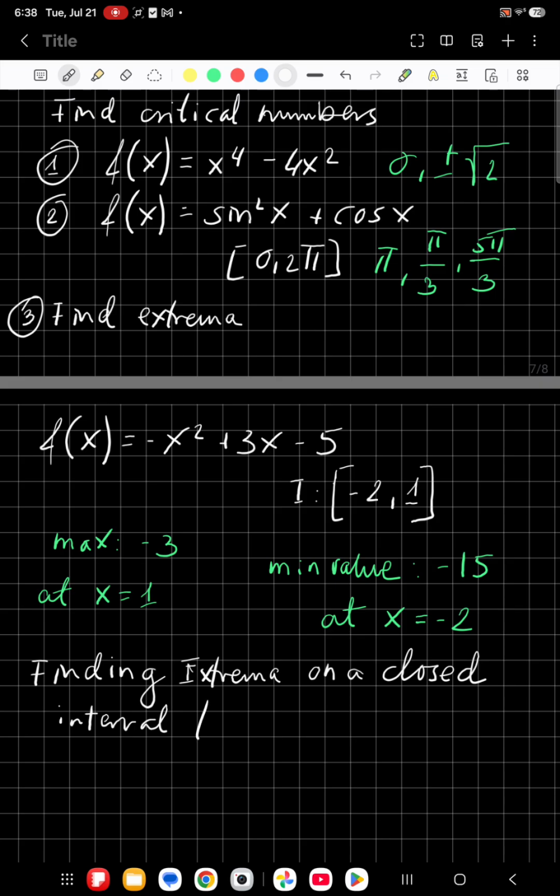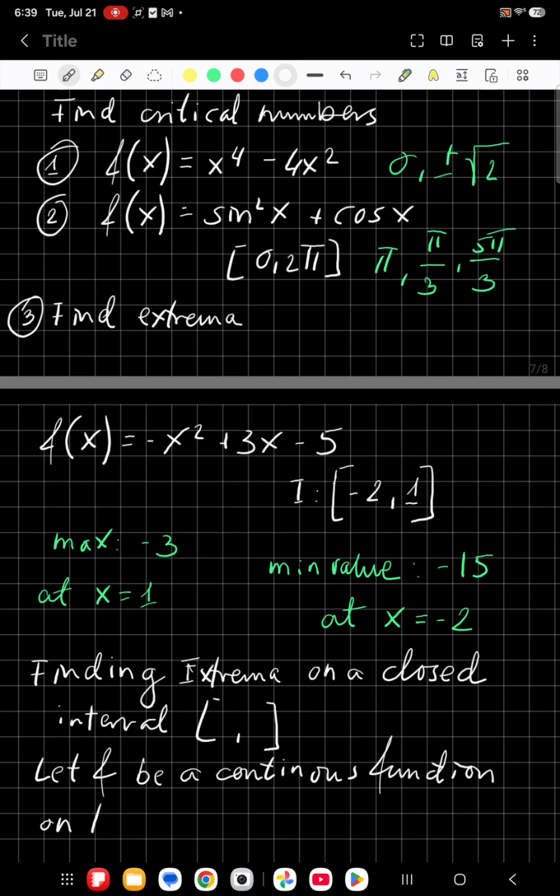Right, so closed interval has brackets and includes those two endpoints. Okay, so let f be a continuous function on interval [a, b].